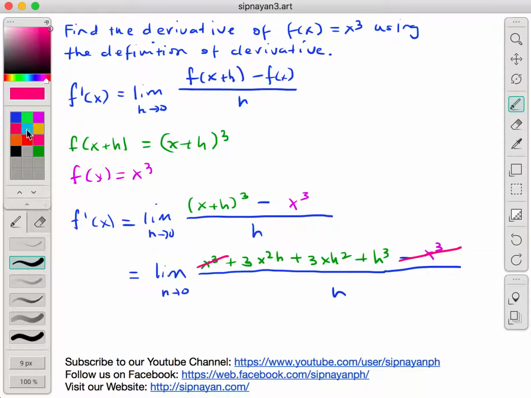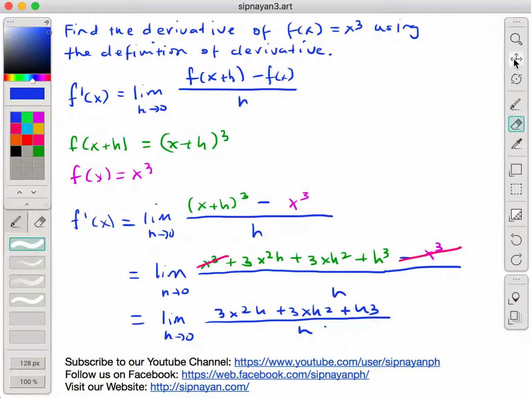So, this is equal to the limit as h approaches 0 of 3x squared h plus 3x h squared plus h cubed all over h.